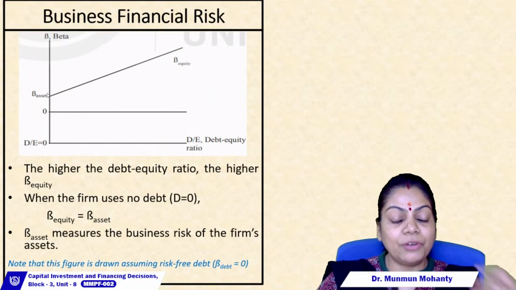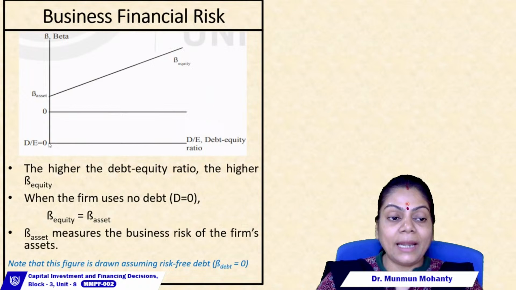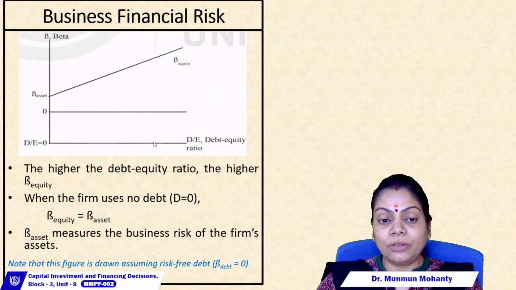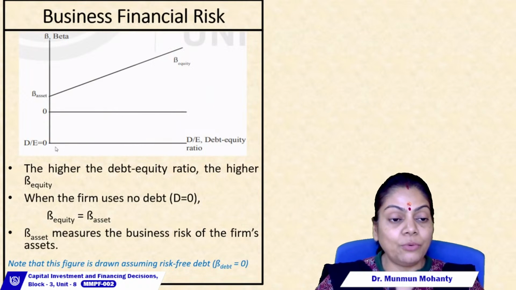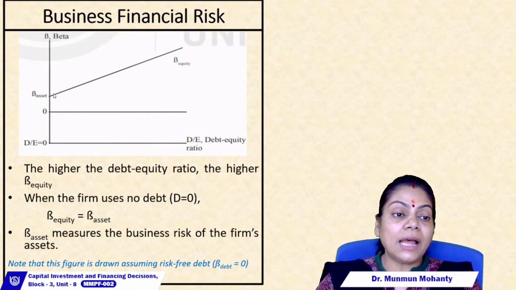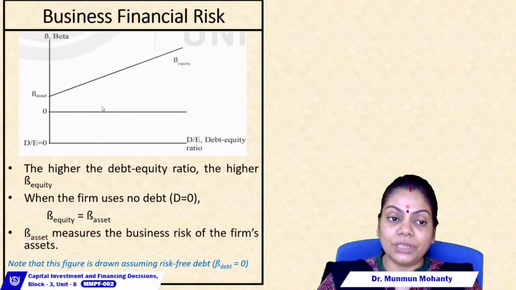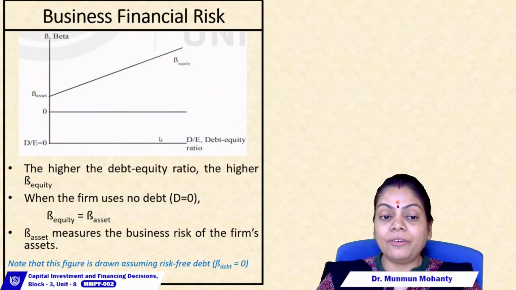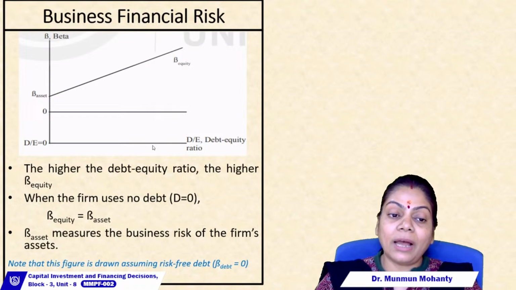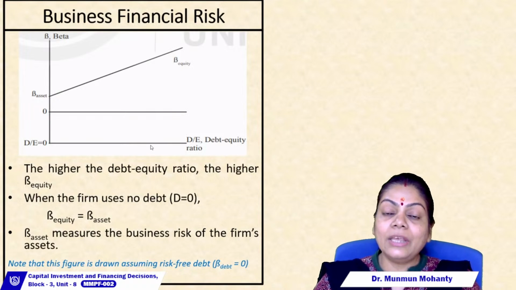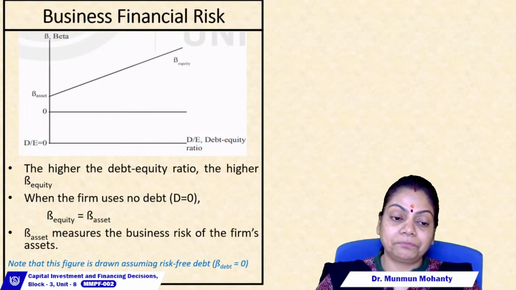That is what we saw in the previous equation. Now as you go on adding more debt to your company along this axis, the beta of your equity keeps on increasing along this slanting line. So the beta of the equity is not only dependent on the spread, but also dependent on the level of D by E. So the higher the debt equity ratio, the higher the beta of equity.